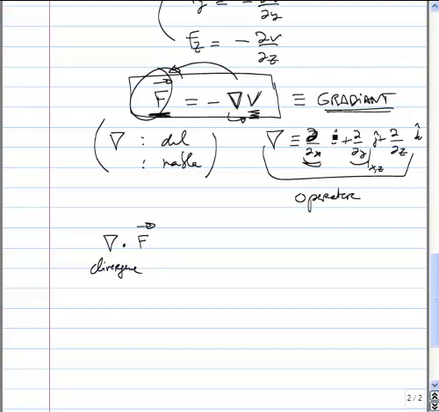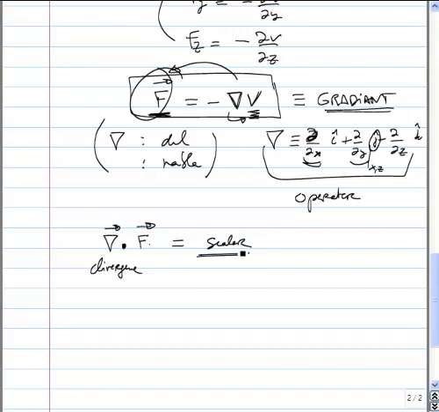So all the i of your del will be dotted with the i of the x of the F. All the j of your del will be dotted with the j of your F, etc. So you can guess what would be the answer. It has to be a scalar.